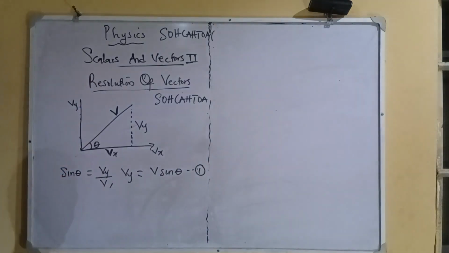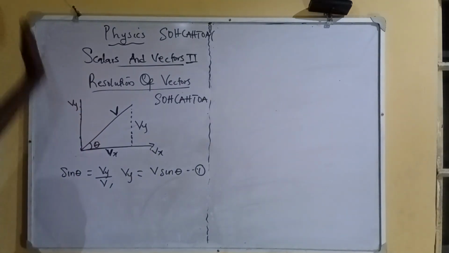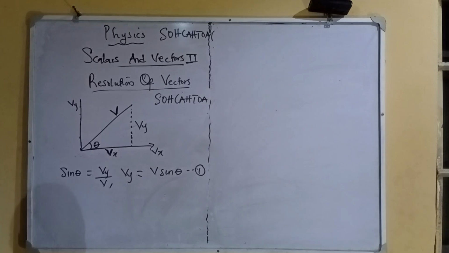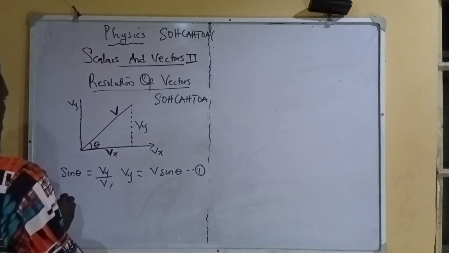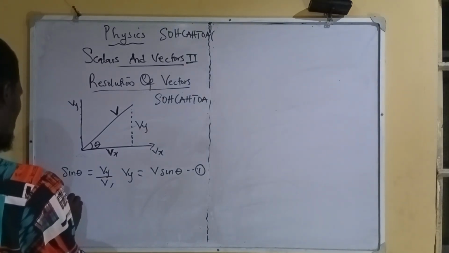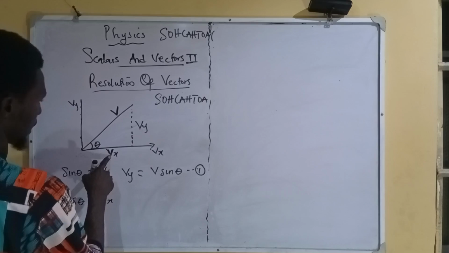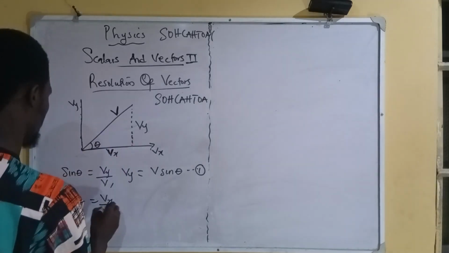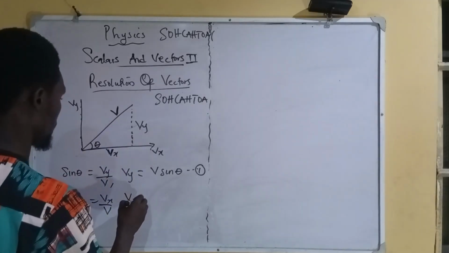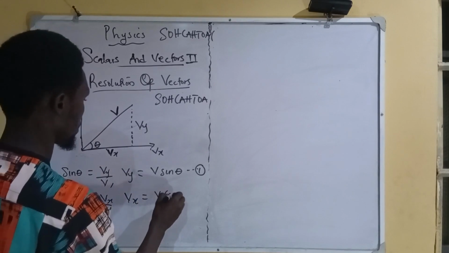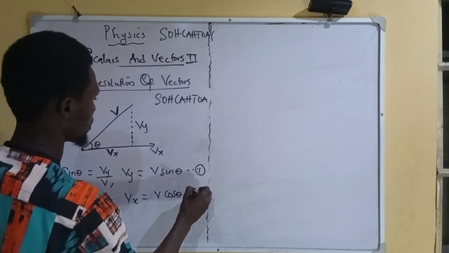So this is the vertical component of this vector. Then the horizontal component, cos theta, Vx adjacent over, so you're going to have Vx equals V cos theta.